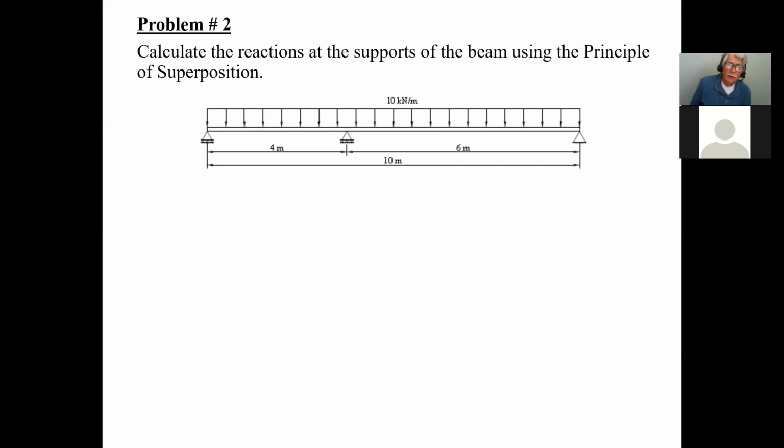Here we have 1, 2, 3, 4 unknowns: one unknown here, one there, one there, and one there. Since I have 4 unknowns, I cannot use simple statics. In other words, I cannot use sum of Fx, sum of Fy, and sum of the moments to solve for my reactions. And therefore, I won't be able to solve this beam using simple statics. That's what we're saying.